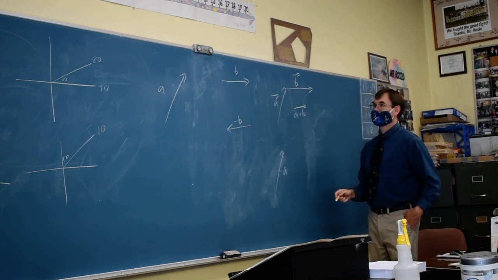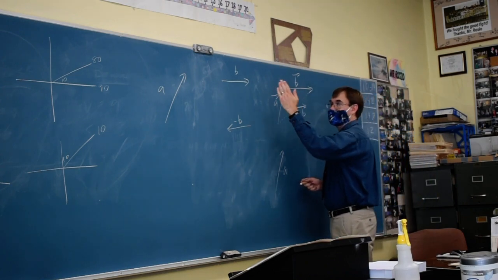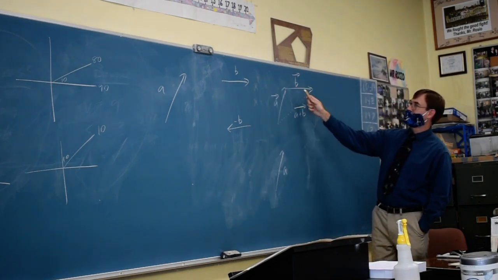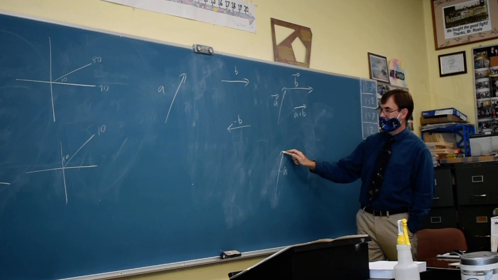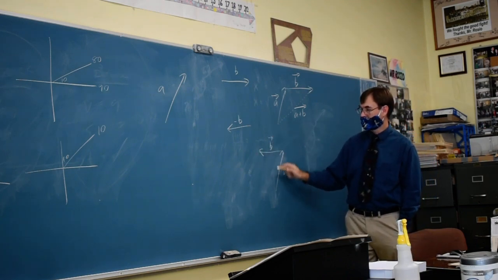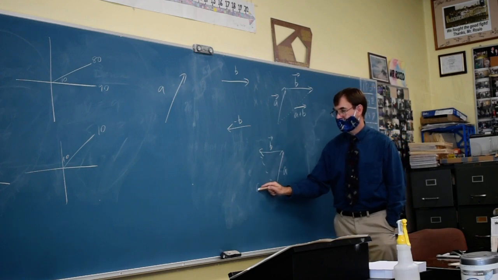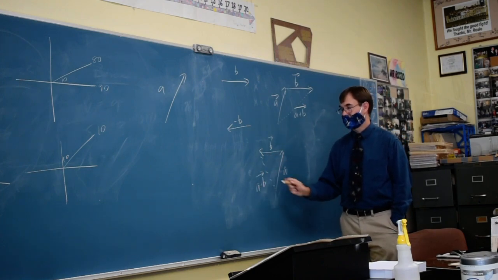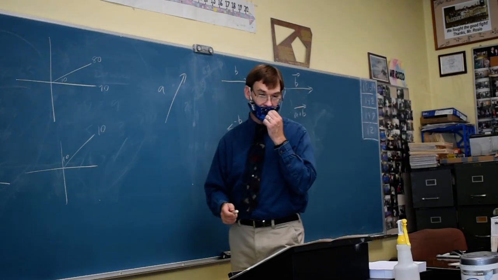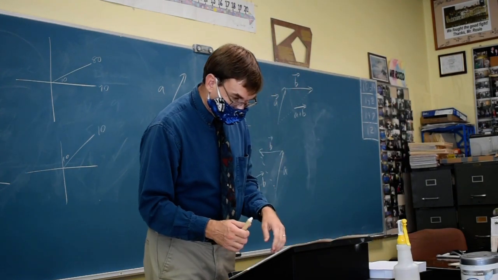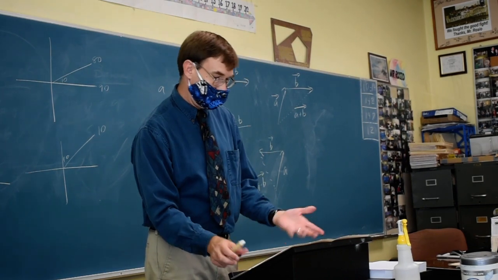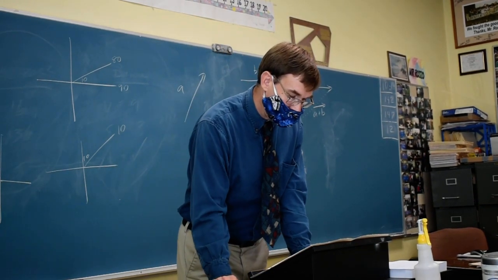The A is going in the same parallel direction as all the other A's I've drawn on the board. But if I'm going to subtract B, instead of going right at the head, I'd have to go left. So this would be a picture of A minus B. Take the A direction, but B goes another way. Question about that?